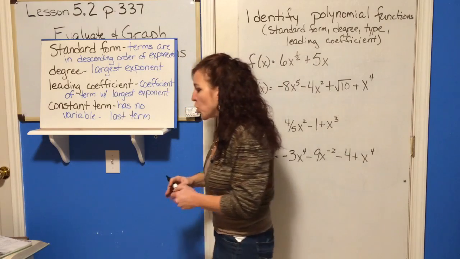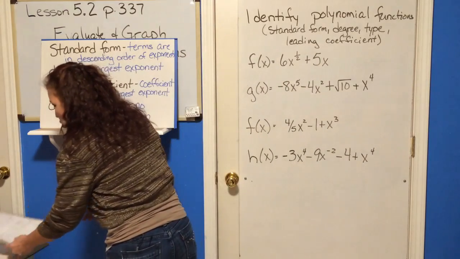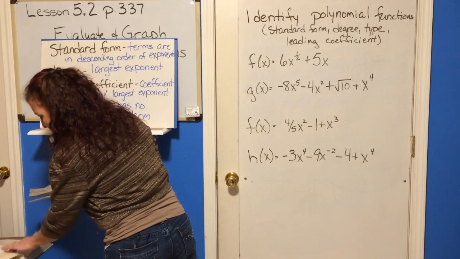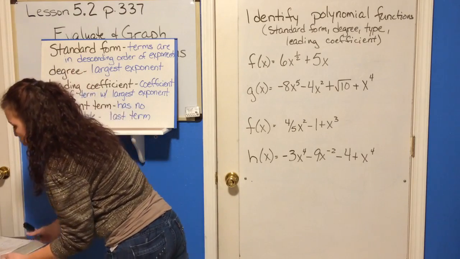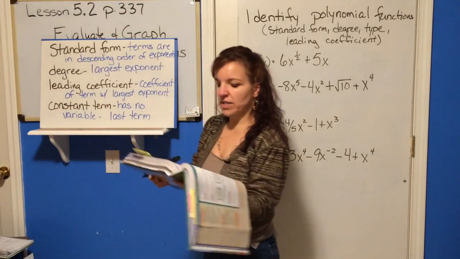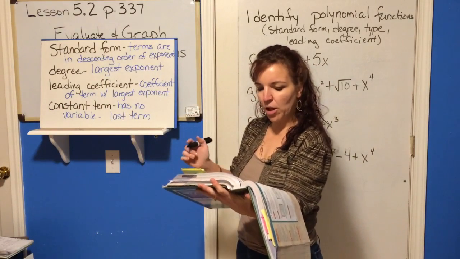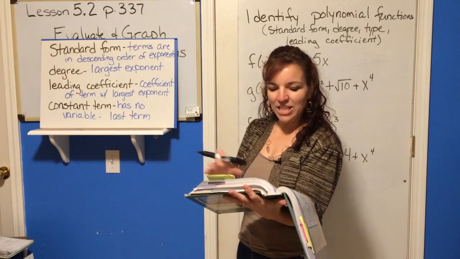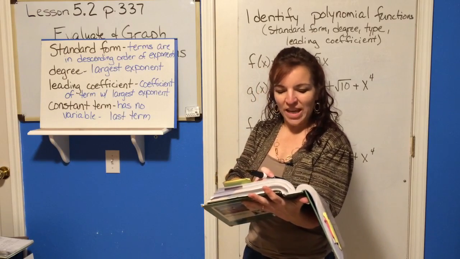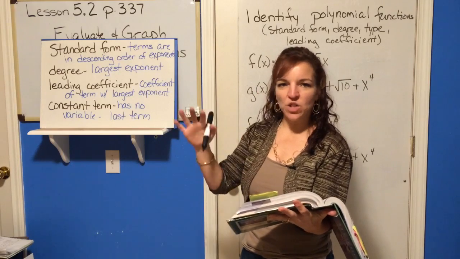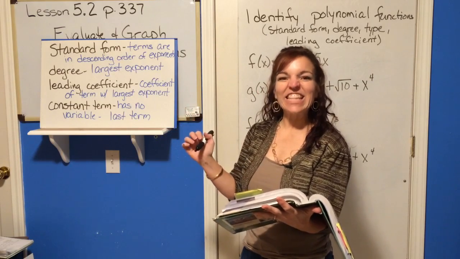All right. So if you will look on page 337 with me, please. Page 337 has a chart that talks about, in the very middle there, the common polynomial functions. A constant term has degree of 0. If it has a degree of 1, so if it's got an x but no x squares or cubes, then it's linear.